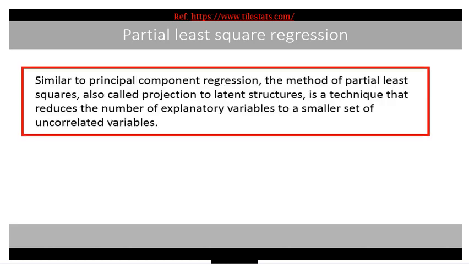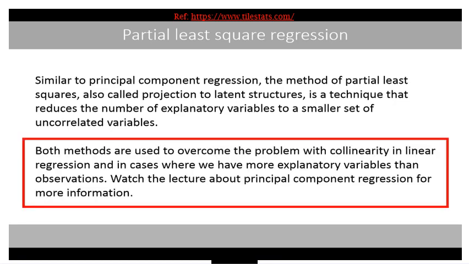Similar to principal component regression, the method of partial least squares, also called projection to latent structures, is a technique that reduces the number of explanatory variables to a smaller set of uncorrelated variables. Both methods are used to overcome the problem with collinearity in linear regression and in cases where we have more explanatory variables than observations. Watch the lecture about principal component regression for more information.